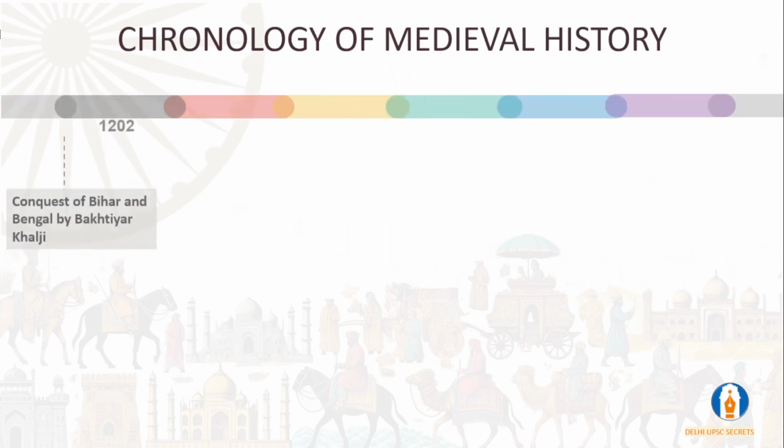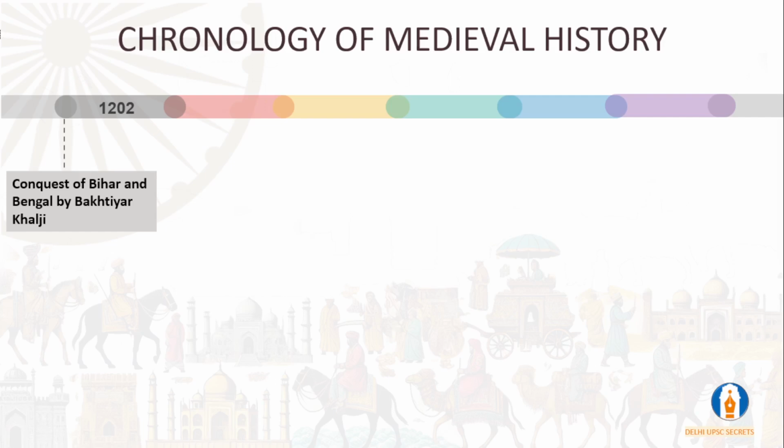And 1202 is the conquest of Bihar and Bengal by Bakhtiyar Khilji. In the same period, the Chalukyas declined, and the rise of regional kingdoms like the Yadavas, Kakatiyas and others happens. And our famous Qutub Minar, the construction of Qutub Minar, started in this period.